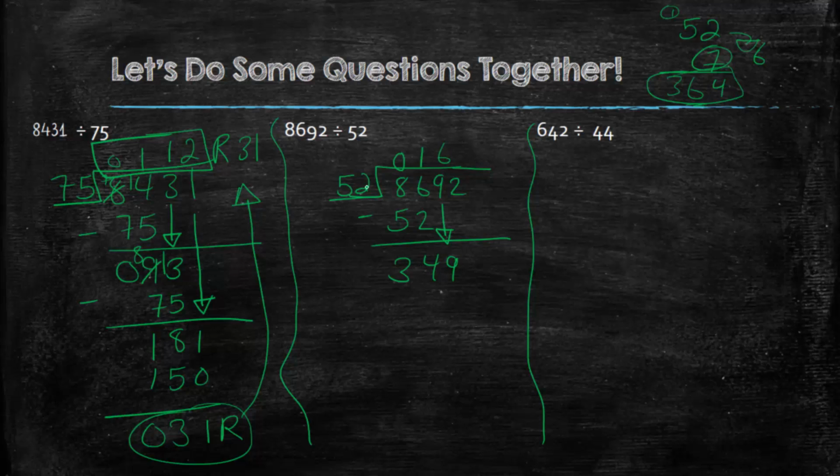Now, how do we multiply this? We could do this again, but let me show you a faster way. 6 times 52 is a bit hard, but what is 52? 52 can be thought of as 50 and 2, right? So if we multiply 6 by 50 and 2 by 6, we'll get the same answer, okay?